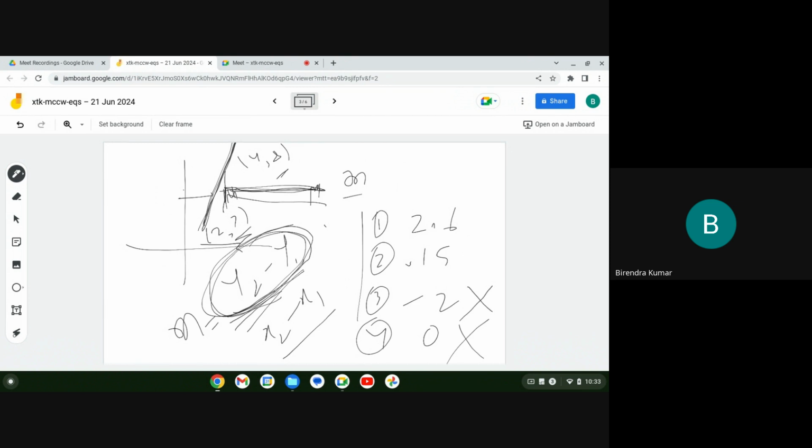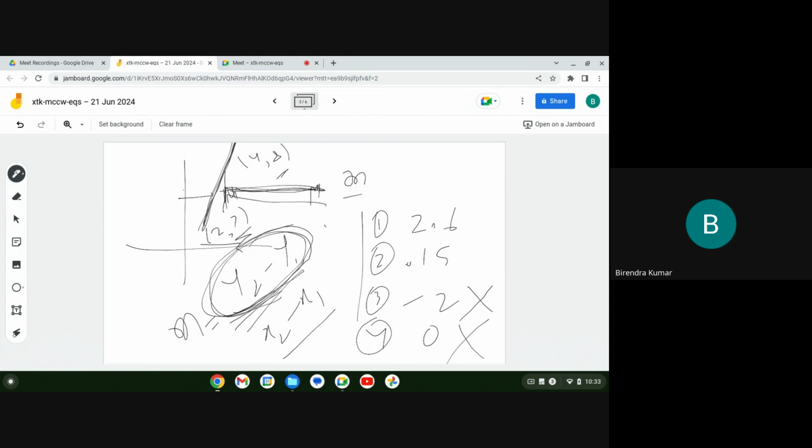Then comes this one. If you say 2.6 versus 0.15, I might not have given the right options here, but between these two also, just look at these numbers, 7, 8. It's changing from 7 to 8, and x is changing from 2 to 4, meaning x is changing faster.